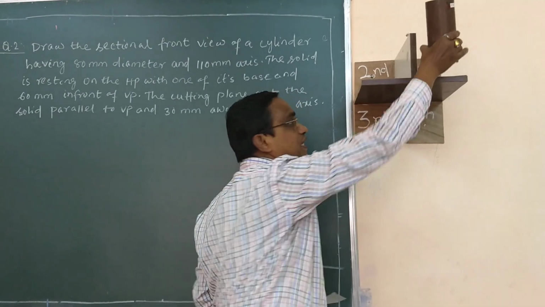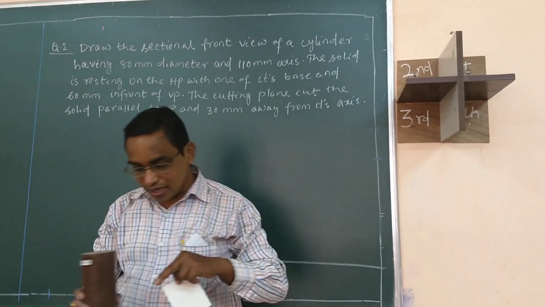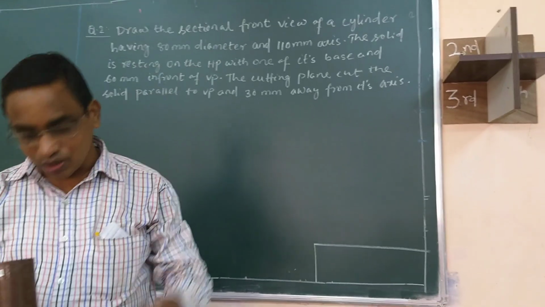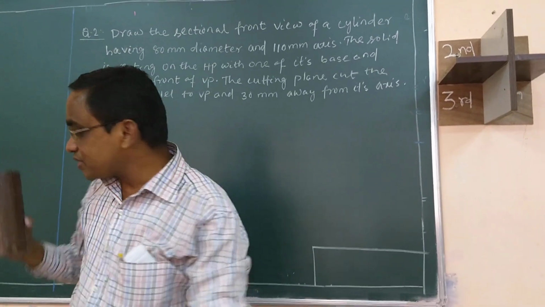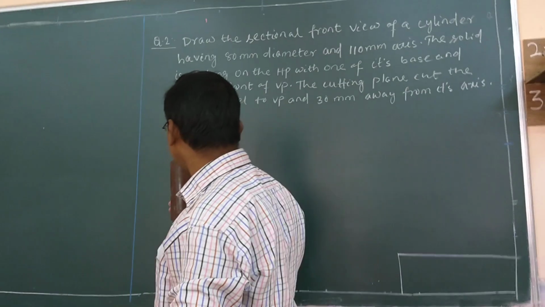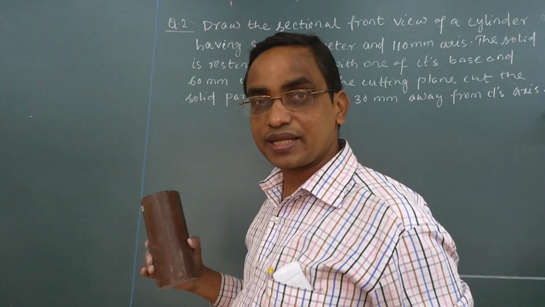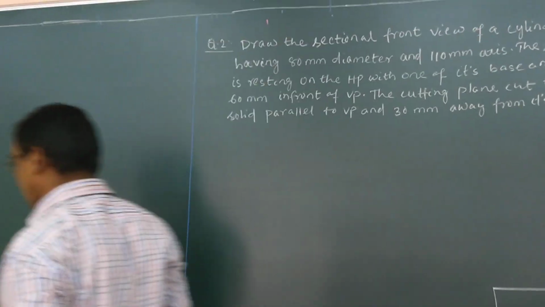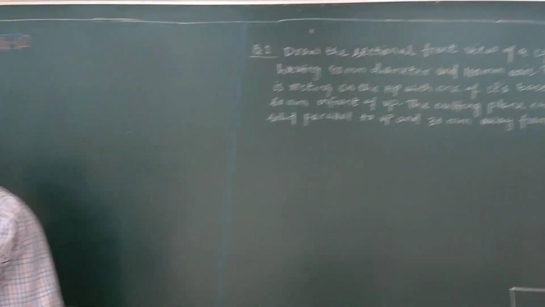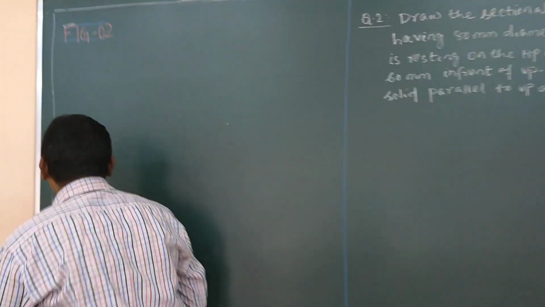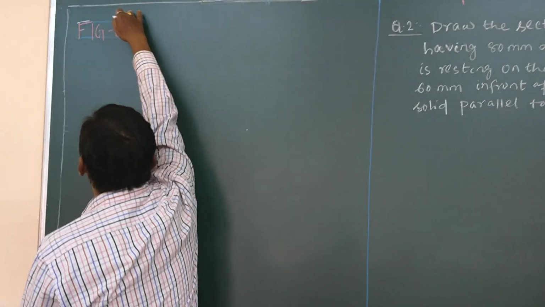Since it is in first angle projection, I will draw the top view, means a circle below XY reference line, and I will draw a rectangle, means the front view, above XY reference line. Come to your block number 2 now, and you draw XY reference line in the middle of the block number 2.